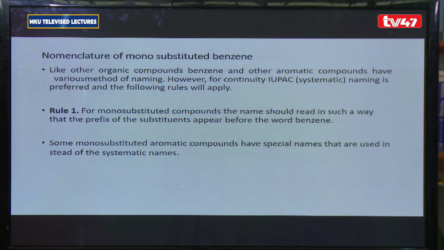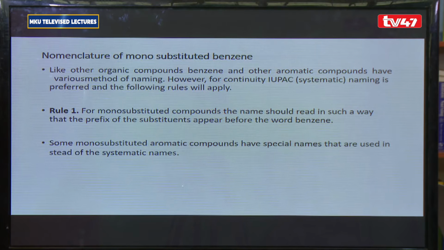But generally, as per the IUPAC, because that is what we can logically determine, the naming follows certain rules. Rule number 1 for monosubstituted compounds is that the substituent's name becomes the prefix, and then we add the name benzene.